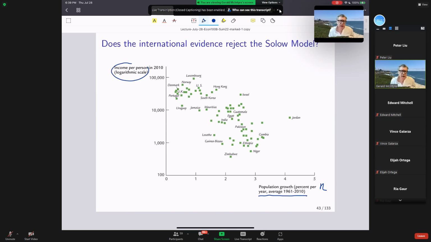And here's income per person. This is Y over L in 2010. Does this evidence reject the Solow model? Does this evidence contradict? Somebody in chat, tell me this. Does this evidence contradict the Solow model? What do you think?